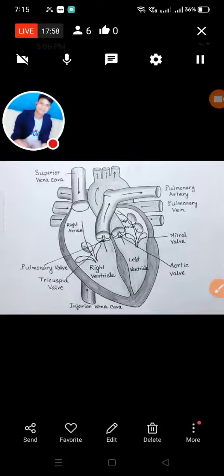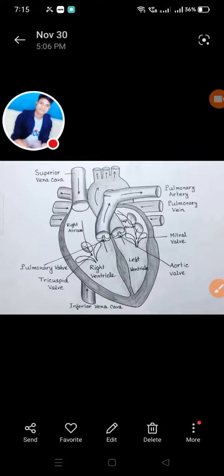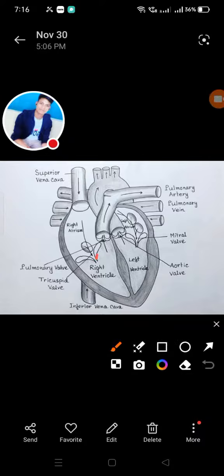But in the exam they sometimes ask which artery carries the deoxygenated blood. The answer will be the pulmonary artery. The pulmonary artery always carries the deoxygenated blood, but other arteries always carry the oxygenated blood.